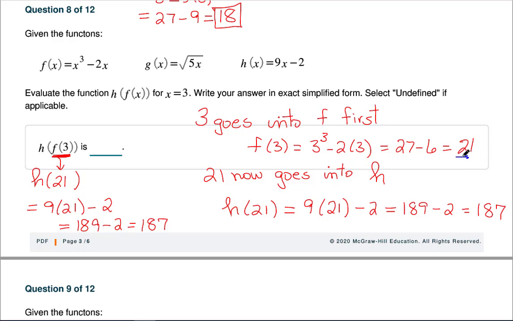All right, so now this thing is the output of f going into the new input for h. So h of 21, here's h, 9 times 21 minus 2. So 189 minus 2, or 187.